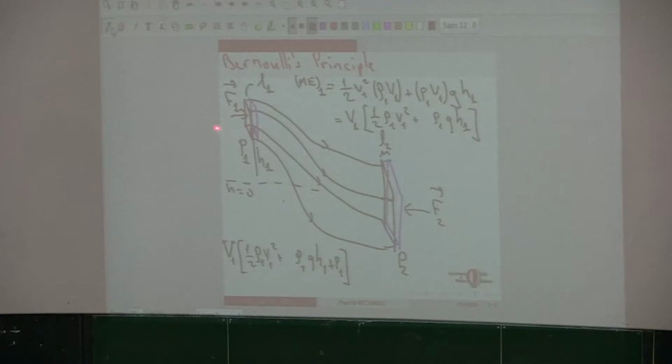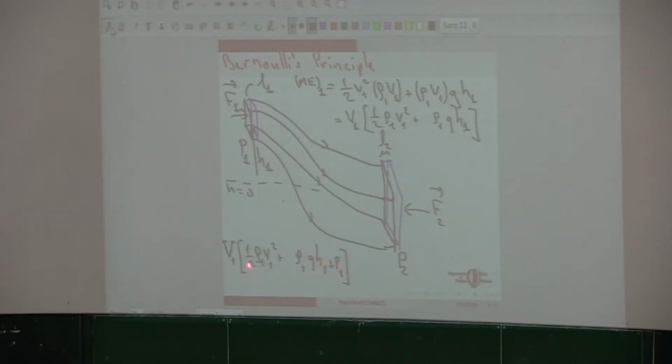Height is the height of the object. I just took some reference point. If you like, we can take the reference point over here. It doesn't make any difference. When we were defining the potential energy, we usually chose the ground to be at zero potential, but you can set any point as zero potential.